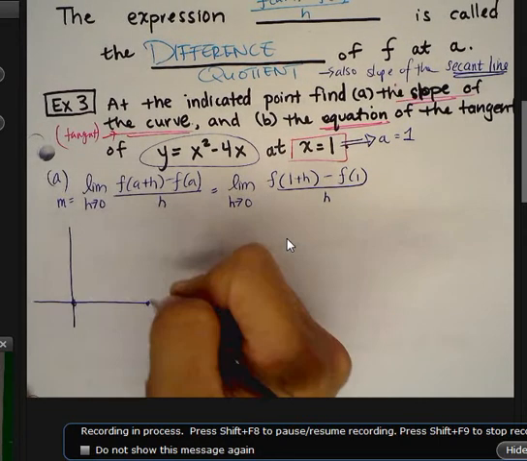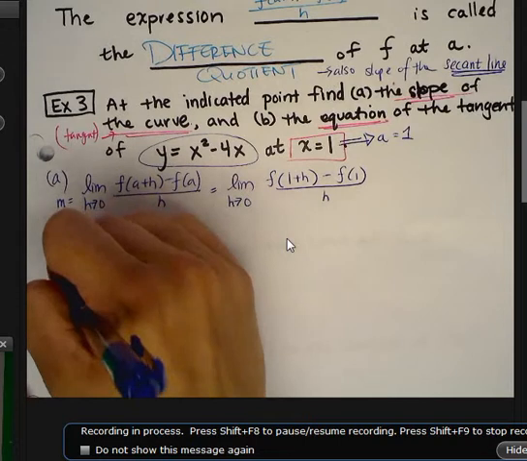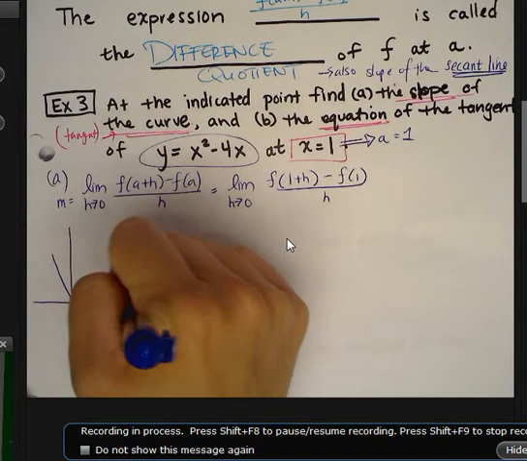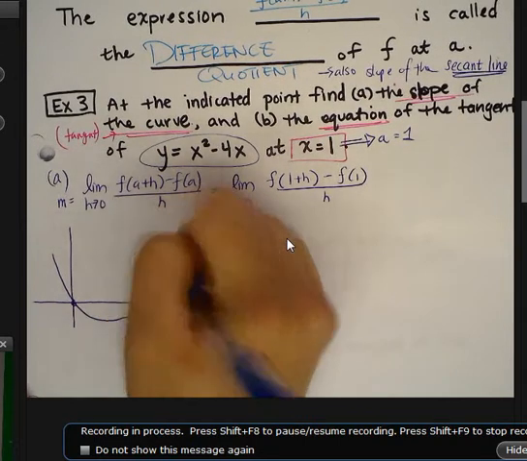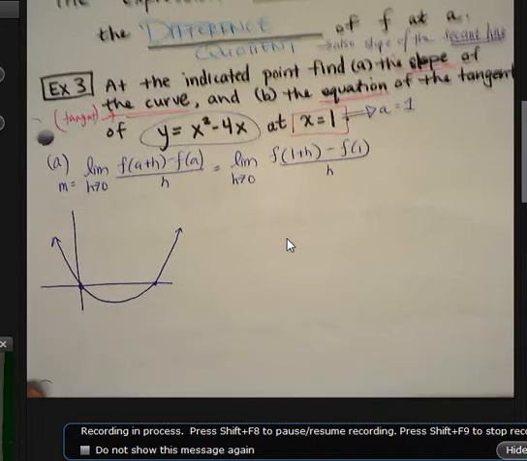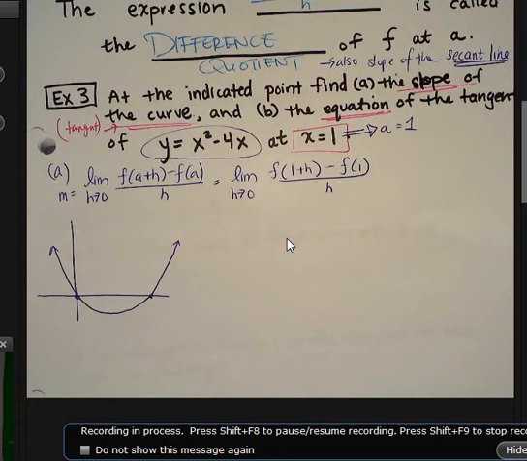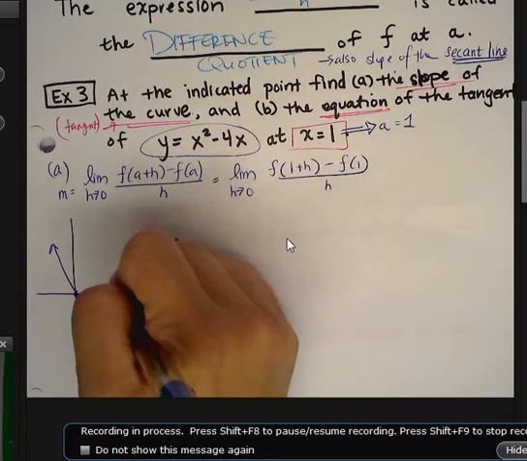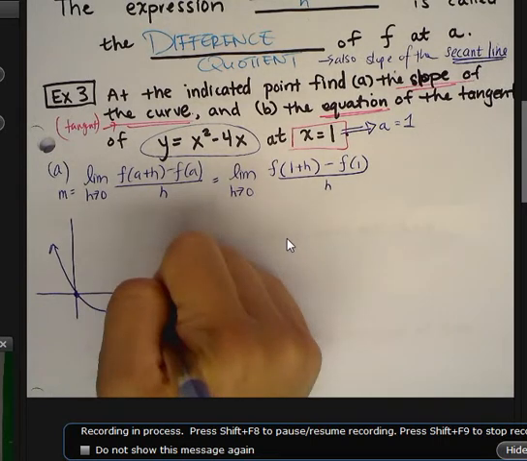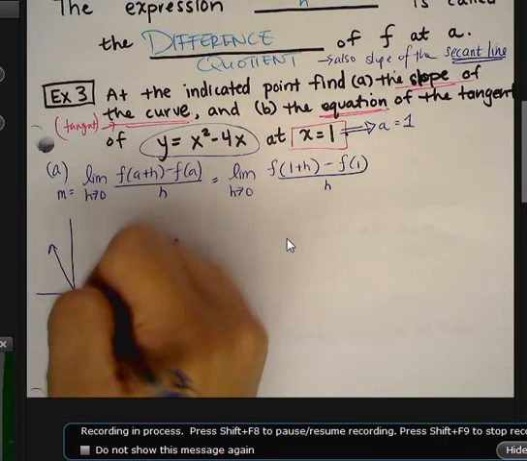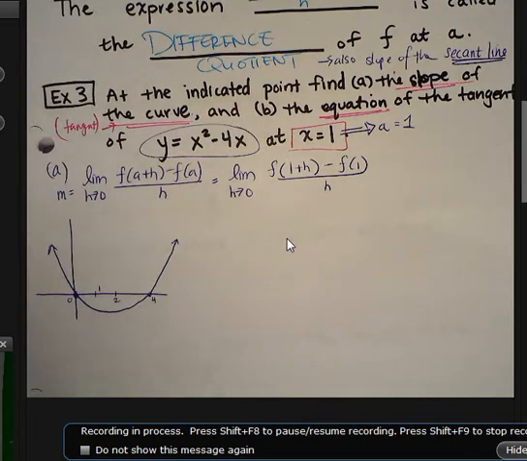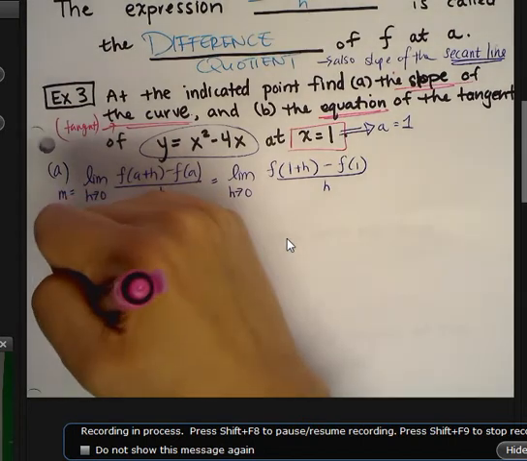So let's just draw a parabola. There's a parabola. They want you to find the slope at 1, x equals 1. So if this is 4, 2, 0, they want you to find the slope at 1. Right here.